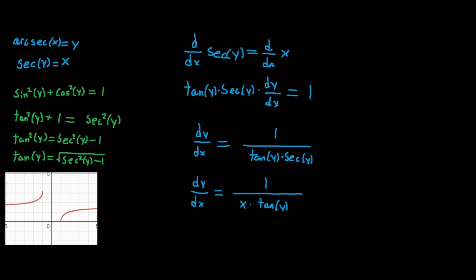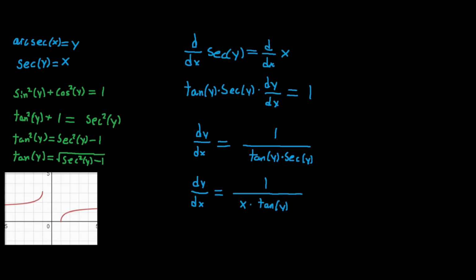Okay, so I can substitute that in for tangent of y here. But before I do that, up here we know secant of y is equal to x. So secant of y times secant of y is secant squared of y. So I can just say x times x, right? So this would be the square root of x squared minus 1.